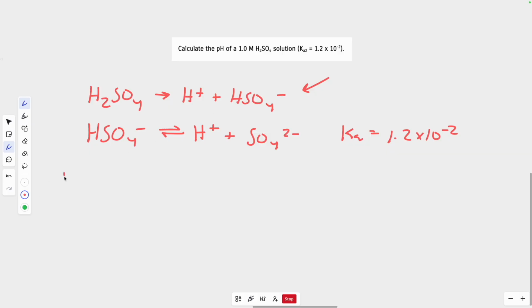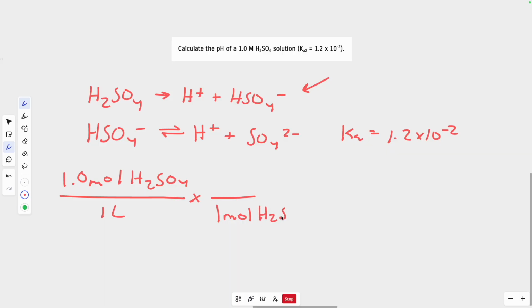So if you have 1 molar H2SO4 for 1 liter, each H2SO4 molecule will donate 1 H plus in its first step.